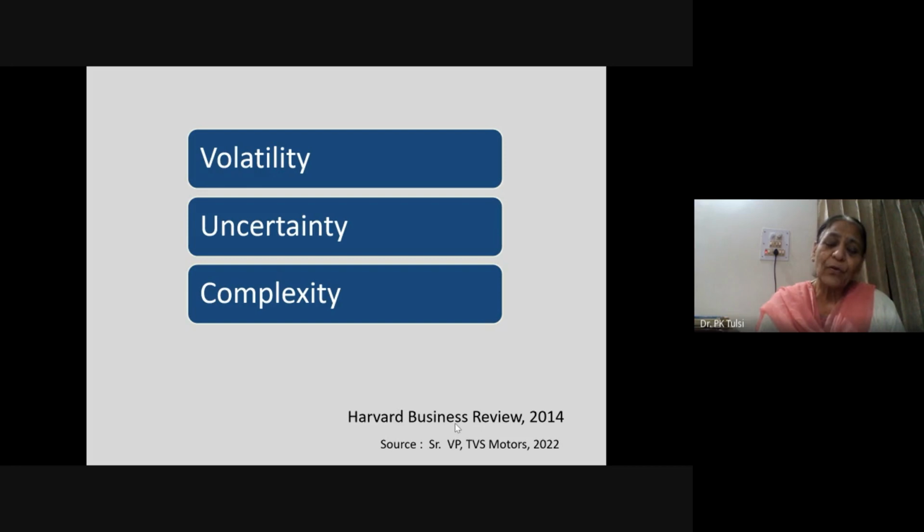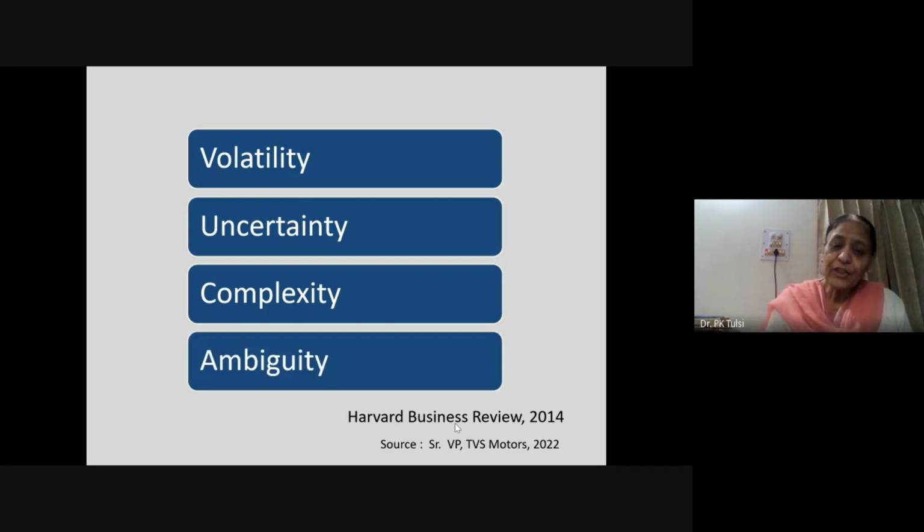Maybe a person requires multidisciplinary knowledge, or synergy among disciplines is required to find creative solutions to the problems that exist in the environment. In addition to that, there's a lot of ambiguity also, because there's a lack of information about things. So nothing is clear as far as the environment is concerned.